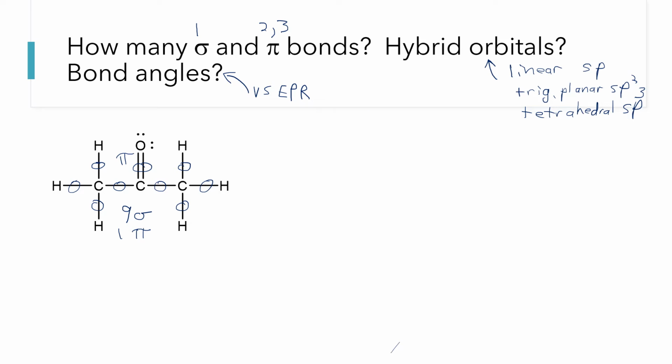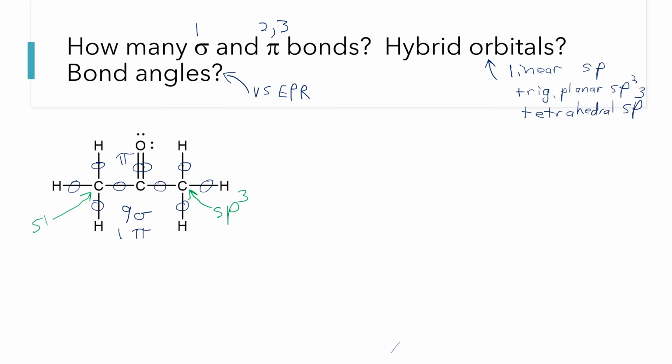For the hybrid orbitals, we've got a couple of different scenarios going on. If we're looking at the outside carbons, the ones that are bonded to 3 hydrogens, they have a total of 4 electron domains around them, which means that they have tetrahedral electron geometry, and tetrahedral electron geometry means sp3.